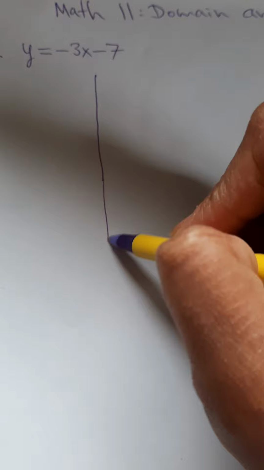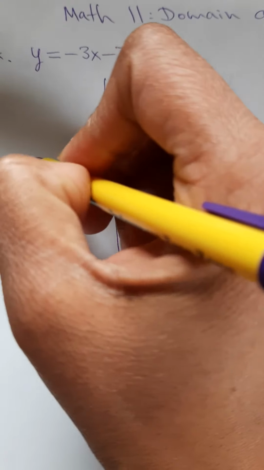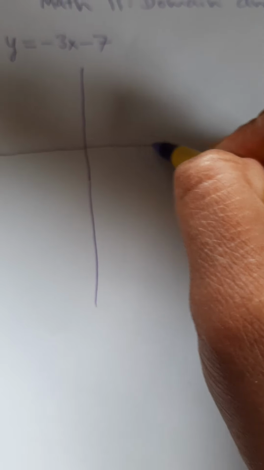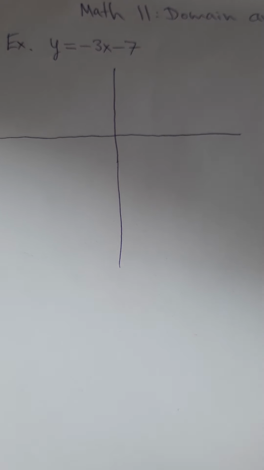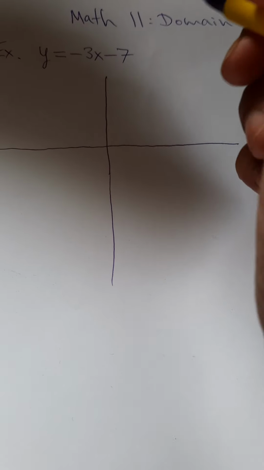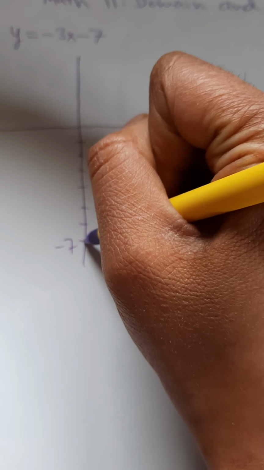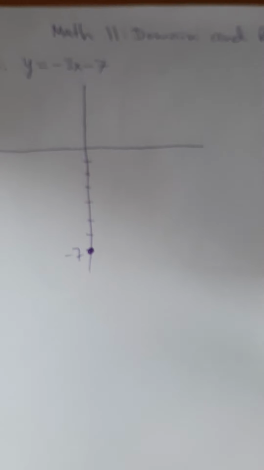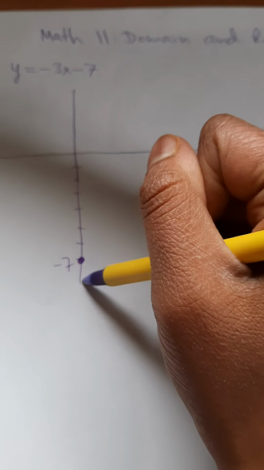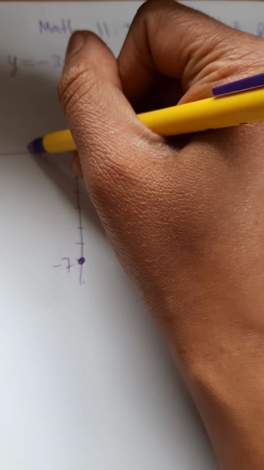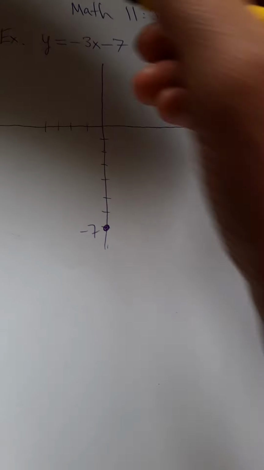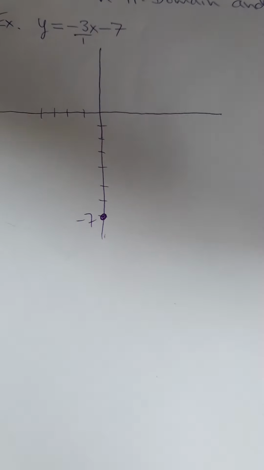Maybe we'll just do a little bit of a sketch here. We can see that the y-intercept is negative 7 here. And because I notice that the slope of this line is negative, remember this is the rise over the run.